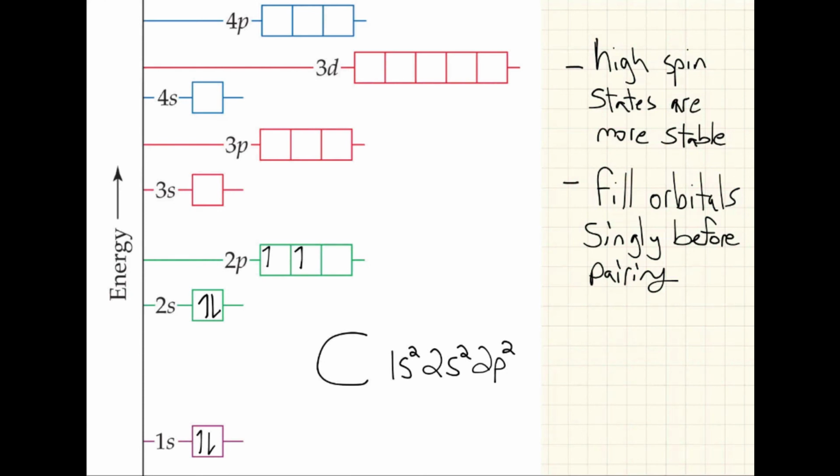And so I think we can see how we can continue to fill this diagram, one electron after another. The element directly after carbon would have another electron here, assuming I'm talking about neutral elements the whole time. And then as I add a fourth electron to this 2p set, I am now forced to pair them.